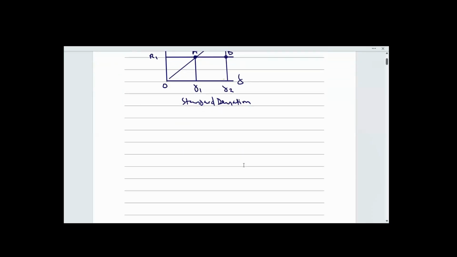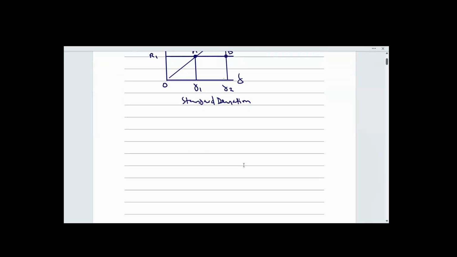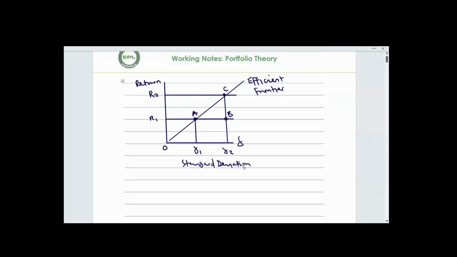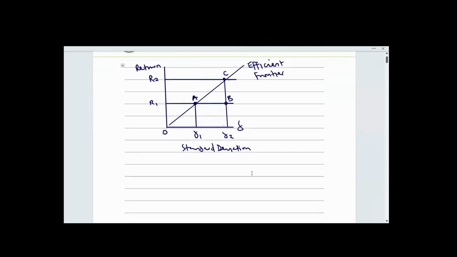So this is what you are going to be saying in case the examiner is asking you to explain the efficient frontier or to explain modern portfolio theory, and you want to demonstrate how much you know about the modern portfolio theory. Now, you will notice that A and B fall on the same line R1.